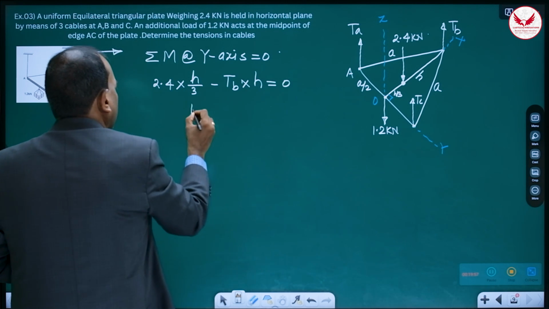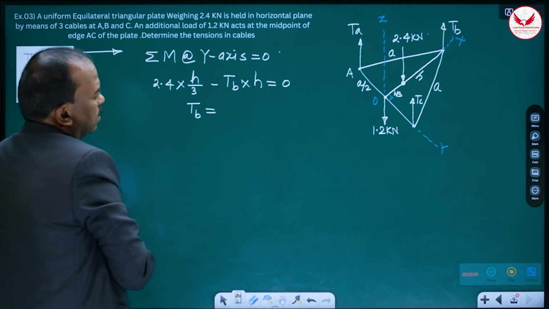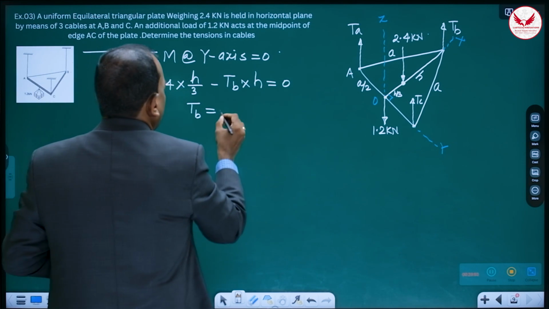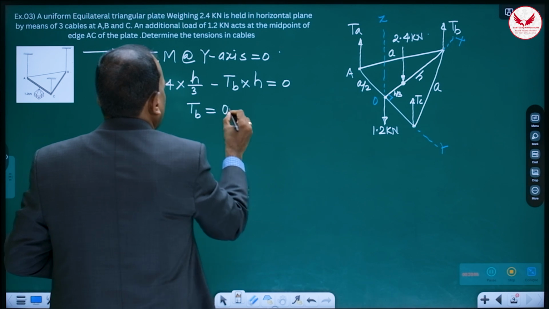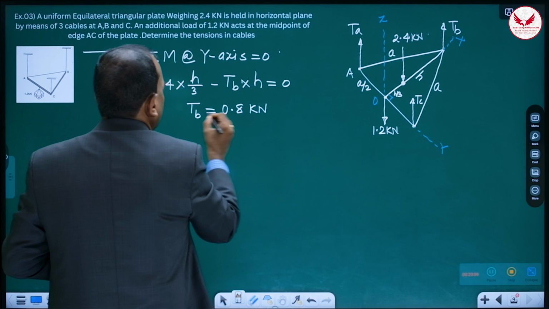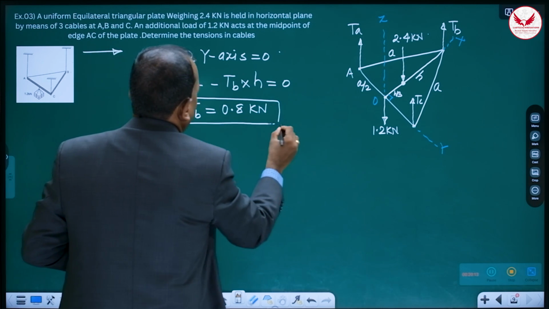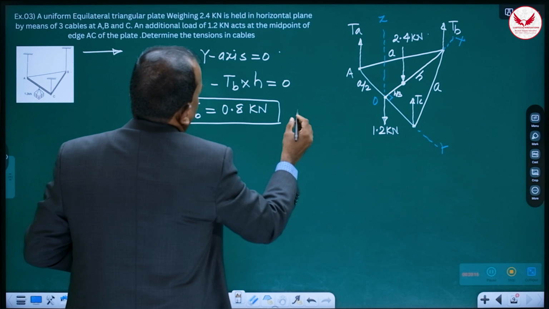Means what we'll get? One answer we get: TB is equal to 0.8 kilonewton. So it is the first answer.